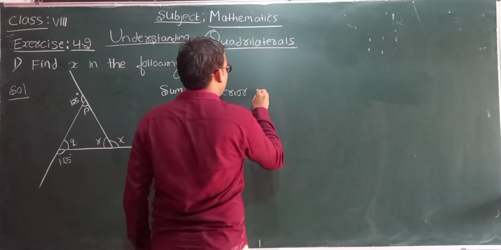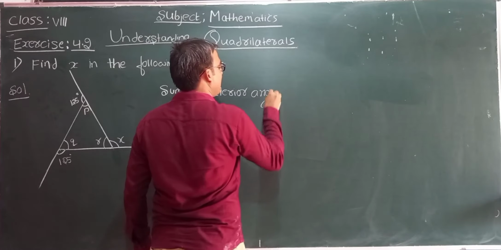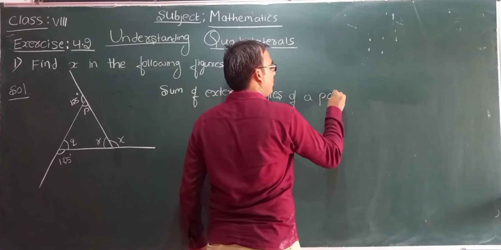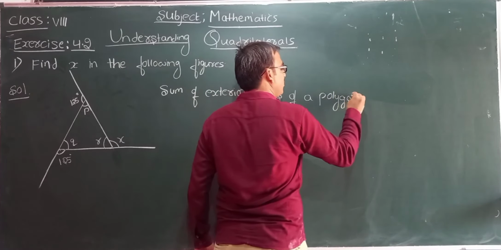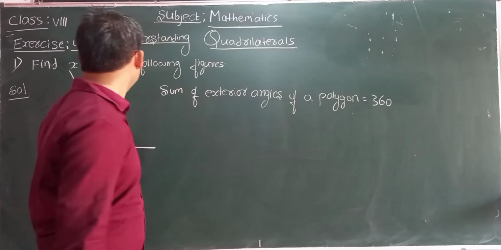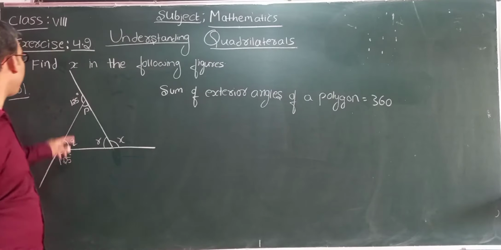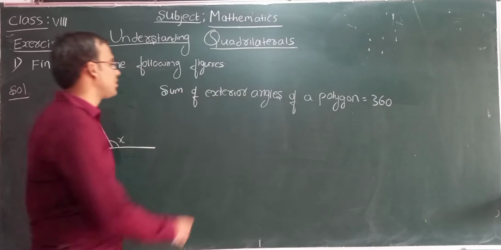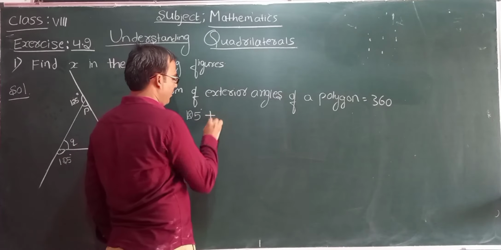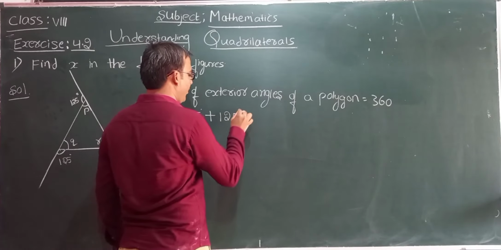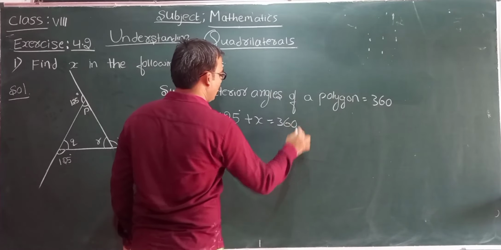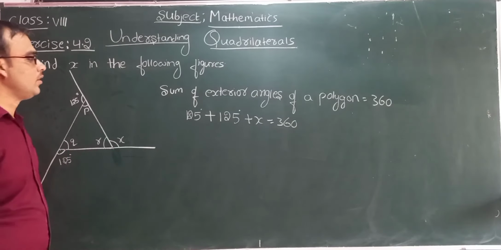So here, the sum of exterior angles of a polygon, what are the exterior angles? 125, 125, x. 125 degrees plus 125 degrees plus x equals 360 degrees.